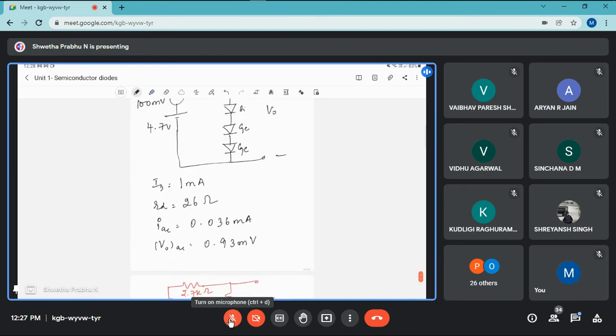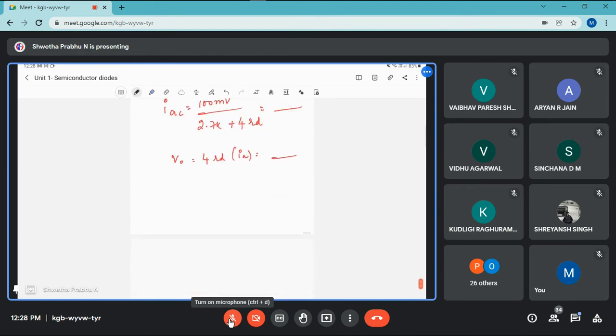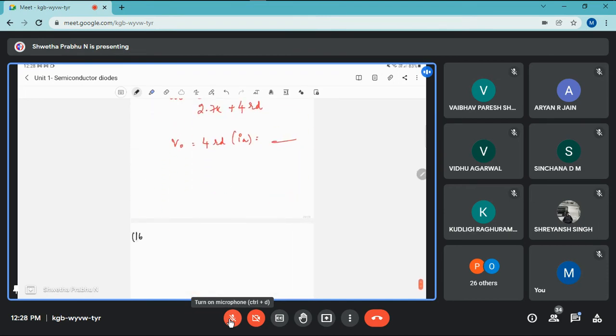Okay, next question. Problem number 16. Take down. Let us consider a different type of circuit. So the circuit is like this.